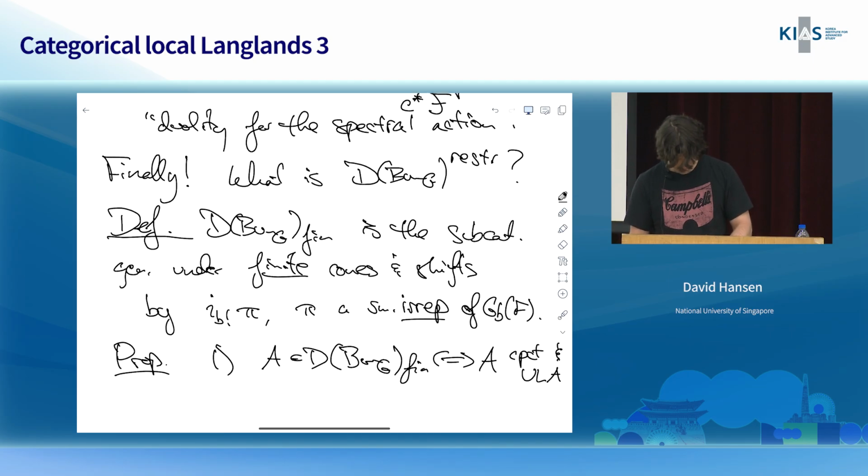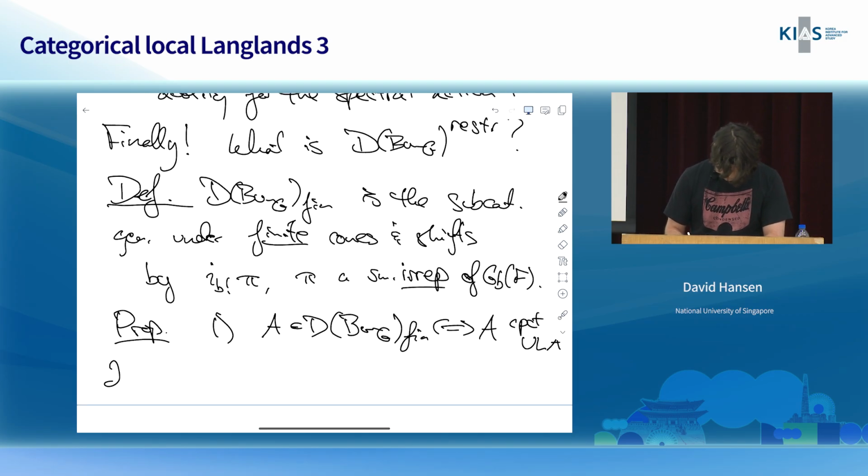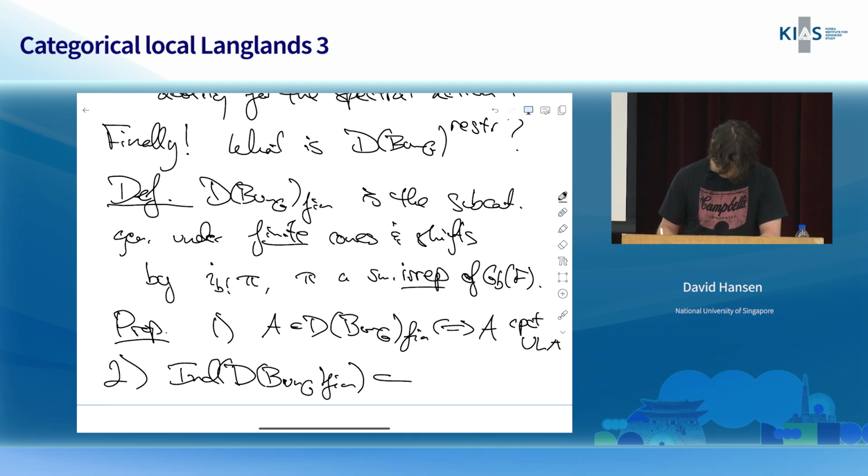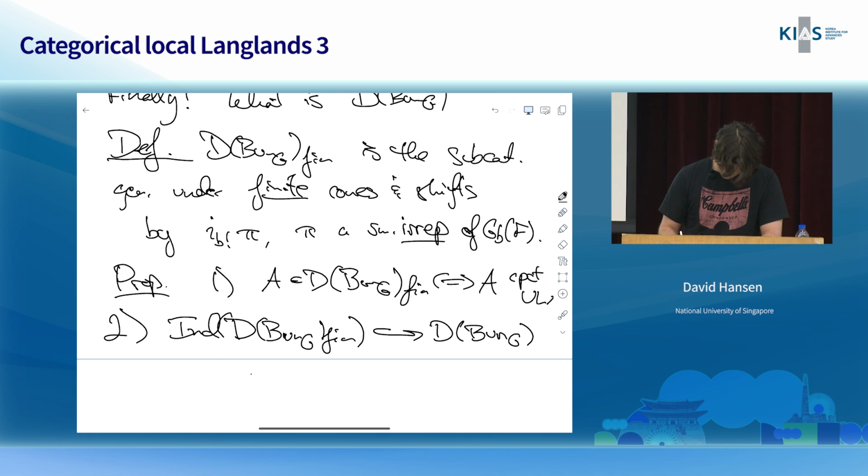But here, this is actually easier to prove. And 2, well, because things here are compact in particular, if I ind complete it, I still get a full subcategory. So ind completing D bun G fin, whatever that is, it will embed fully faithfully already into its container. And this is literally D bun G restricted.